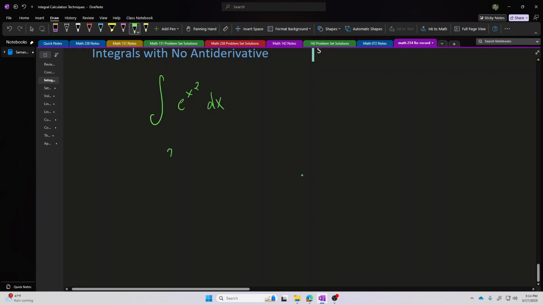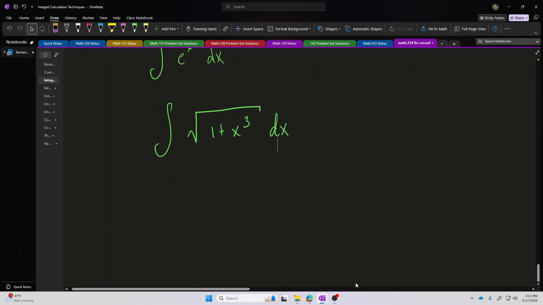I'll give you another frustratingly simple example. This one right here, the square root of 1 plus x cubed. This is another situation where you're really going to be hard pressed to find an antiderivative, if one exists at all. To give you another frustratingly simple example of a function that really doesn't have an antiderivative, the integral of x times cosine x cubed dx. It's over for us, right?